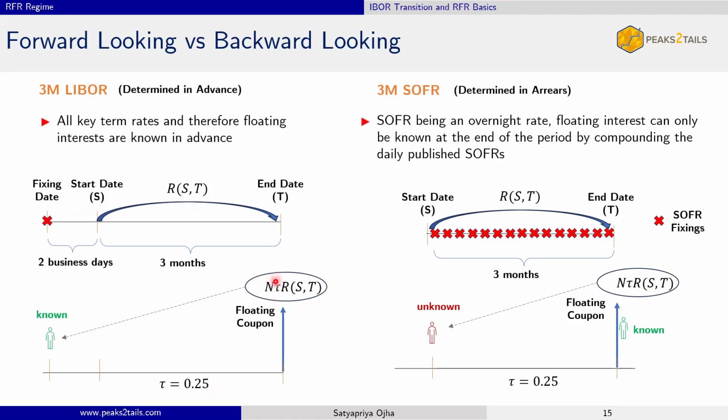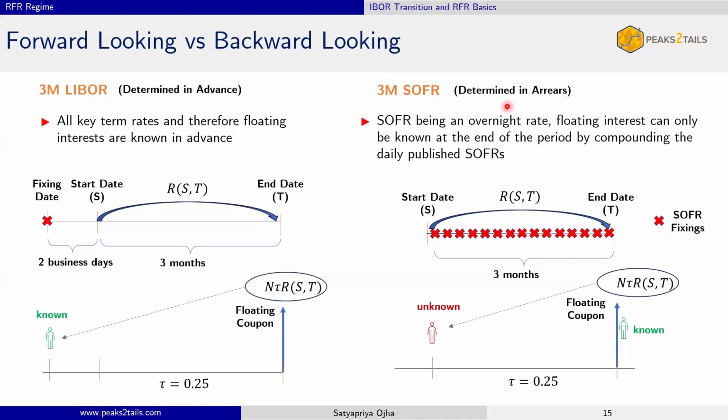Notional times 0.25 times this floating rate, correct? This floating rate is fully known at this point. You exactly know what is the floating payment that you're gonna get, right? So it is known in advance. So it was forward looking and it was known in advance. That is how we determine the floating coupon.